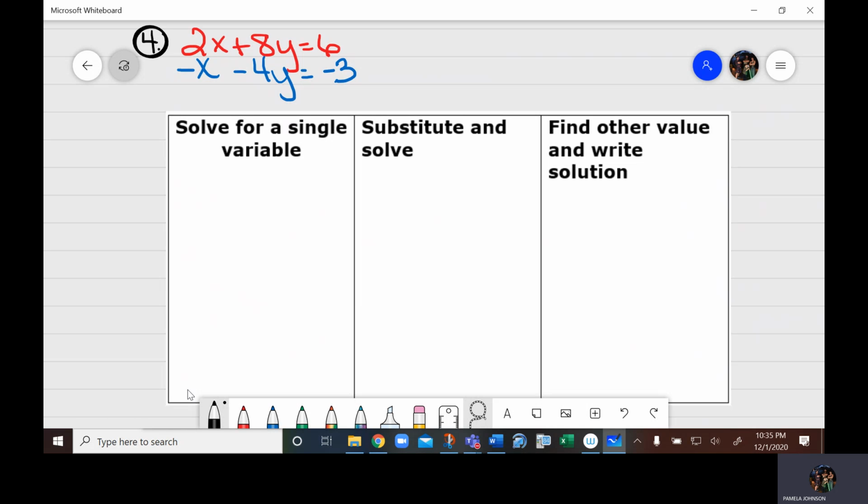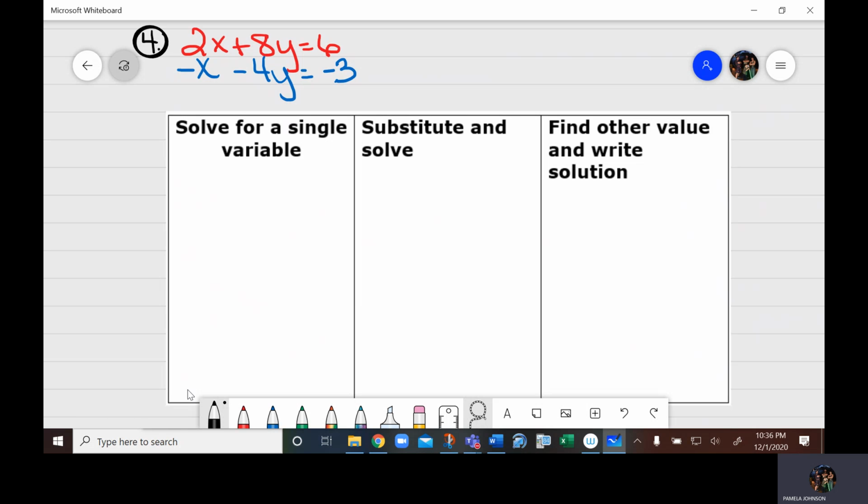The 2 goes into both the 8 and the 6, so we could easily move the y across and then divide by 2. If we did the blue equation, 4 and 3 are not factors of each other or multiples of each other, so it would be easiest for us to solve for x. And we would just need to move the y across and then divide by negative 1.